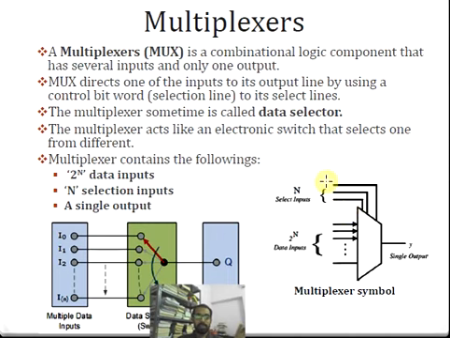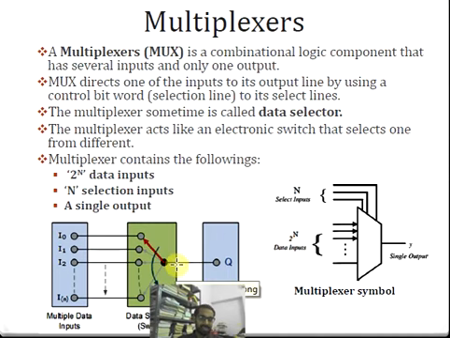We need to have at minimum this many select inputs in order to connect one of the data from these 2 raised to n inputs. So the number of select inputs depends on the number of data inputs, and the relation is that the number of data inputs has to be 2 raised to n. If n is the number of select inputs, we can have 2 raised to n data inputs.